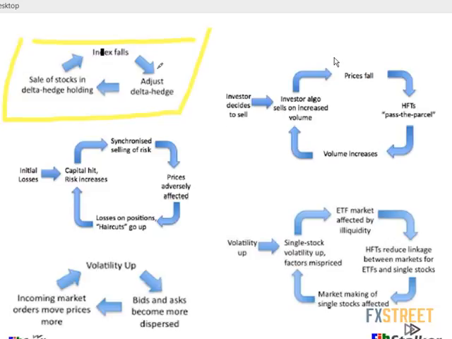1987. And the delta hedge, which is a way of hedging a position in stock using options, is very common. Actually, it's still very common today.